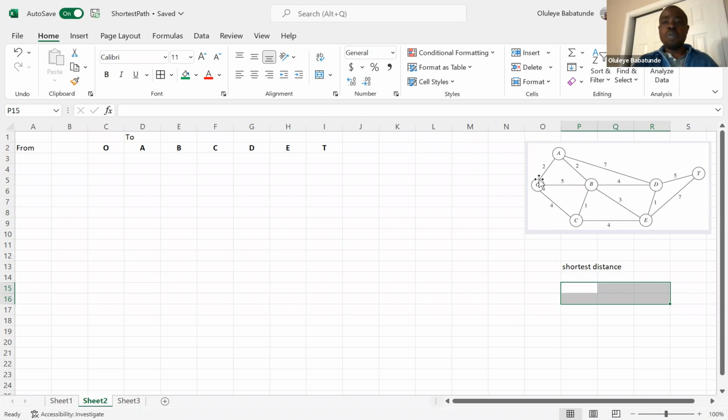Now you want to move, you can get to T from O in several paths.